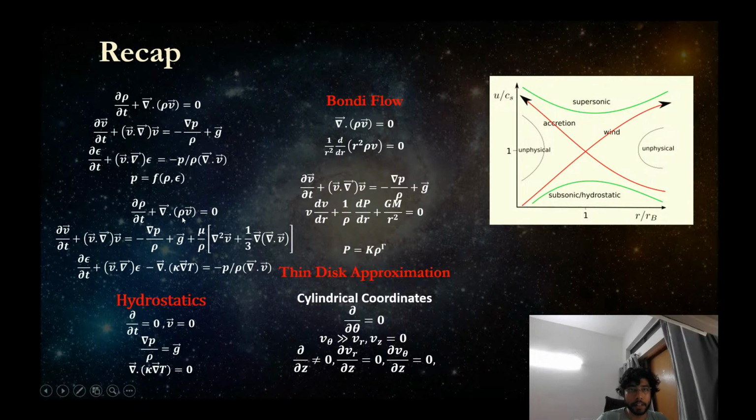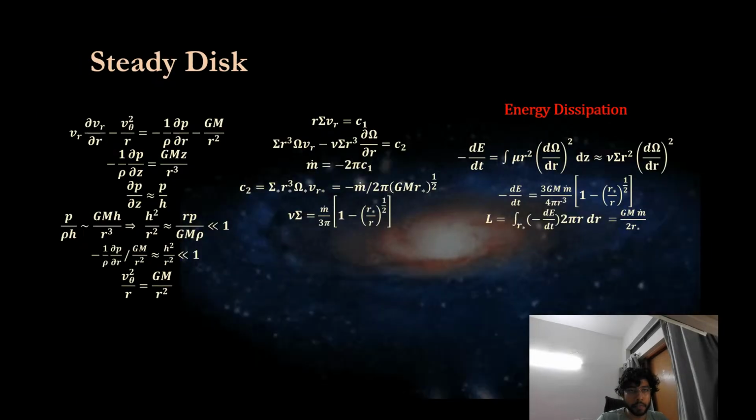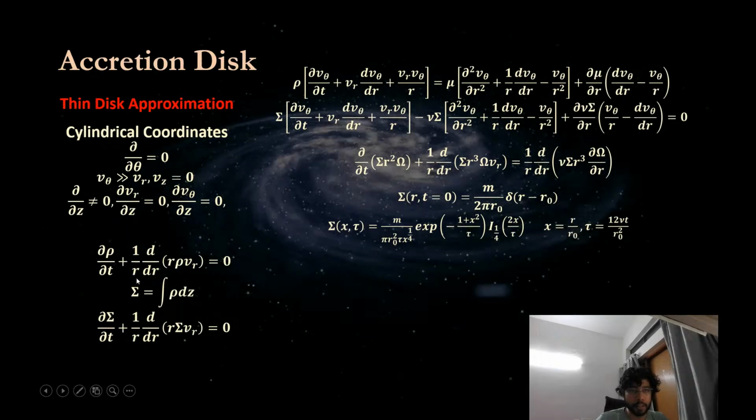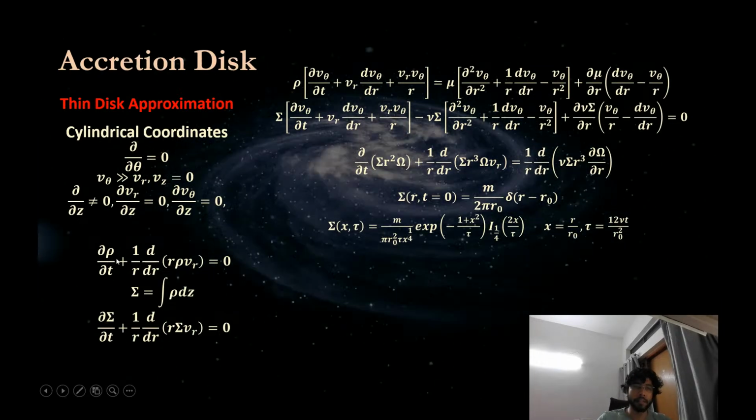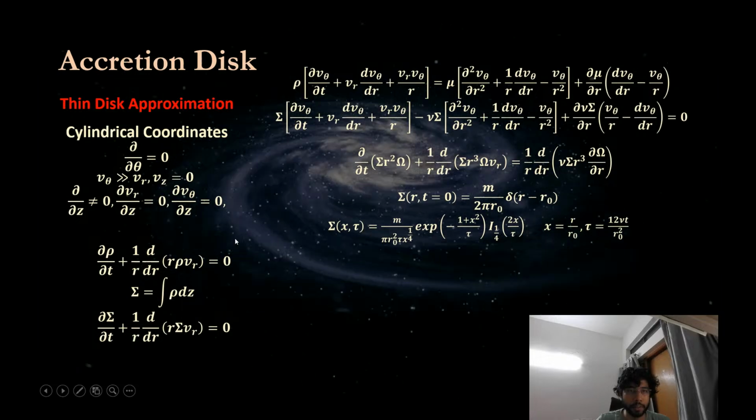In one of the appendices, they have expanded all these equations into cylindrical coordinates, spherical coordinates, and so on. So there you can find how this vector equation reduces and you will get different components of this equation.